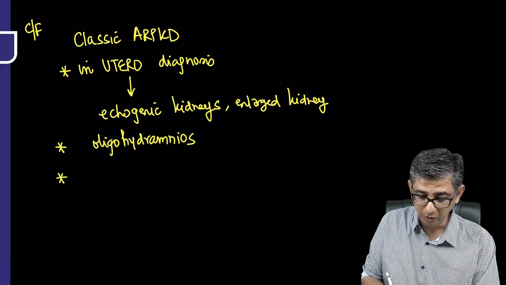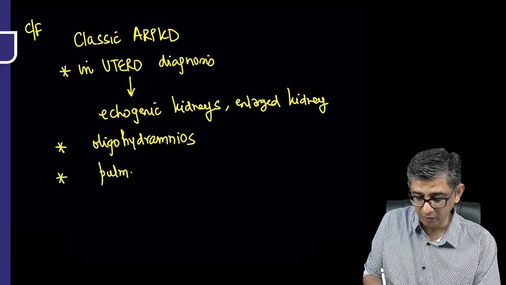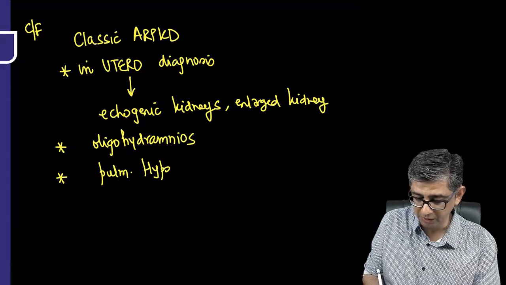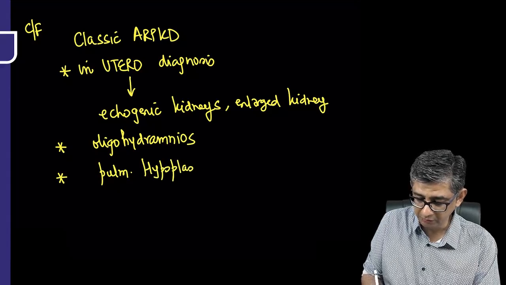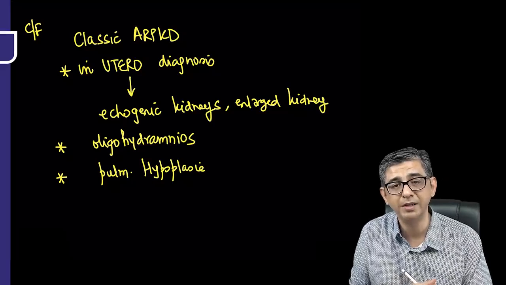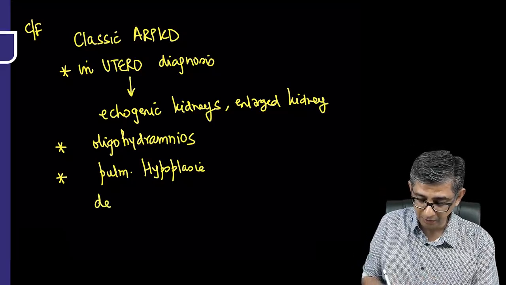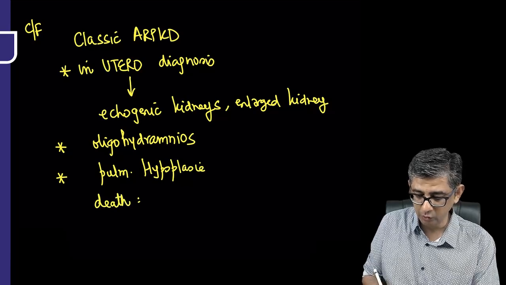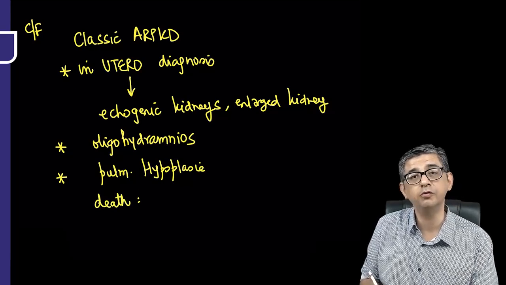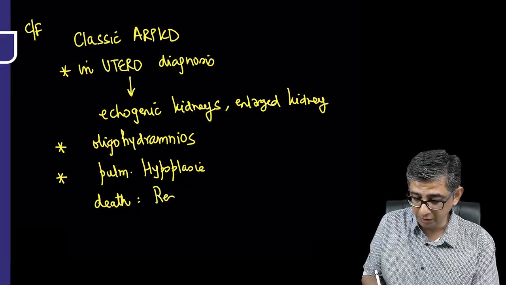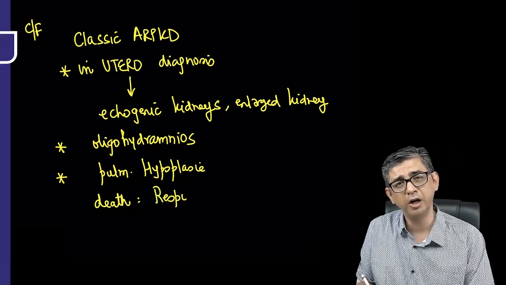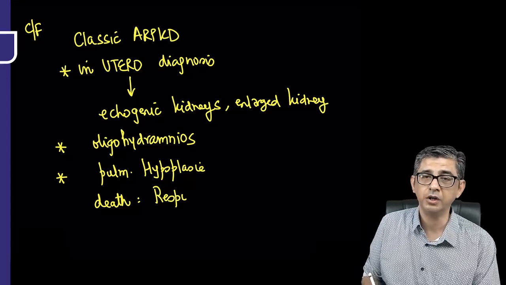When these babies are born, they are also found to have a concomitant lung malformation. These children are simultaneously found to have pulmonary hypoplasia, and as a result, in the classical variety of ARPKD, most of the time if he asks what is the reason for death, like I was teaching you, the leading cause of death in autosomal dominant is cardiovascular complications followed by infection.